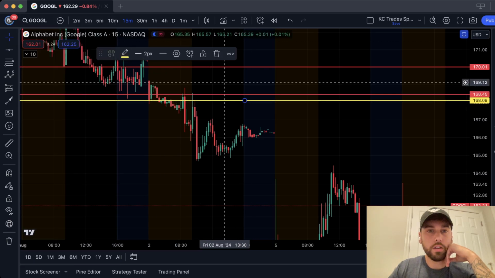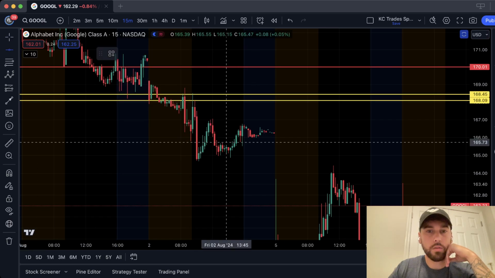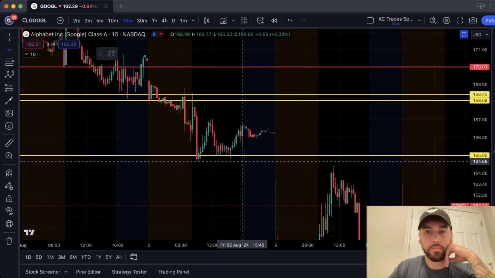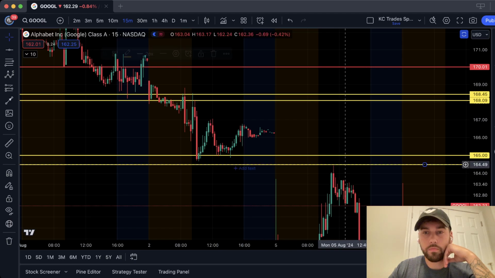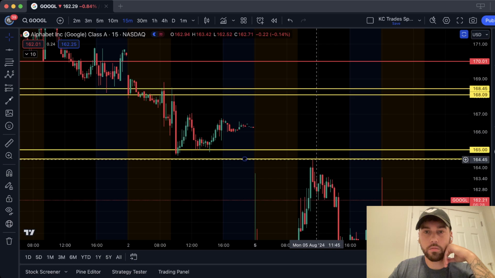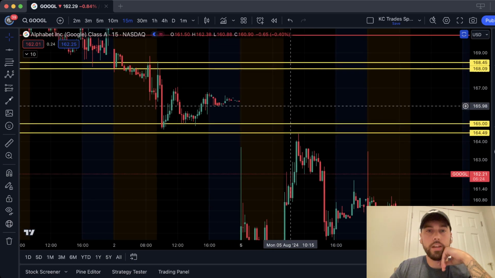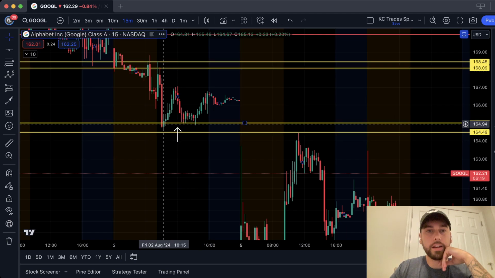I would mark this area right here, right? And then at the end of the day, I would mark this area right here, right? That's a nice little rejection right there. So looking at previous price action right here, if you notice, when Google hit this area, it got a nice buy.